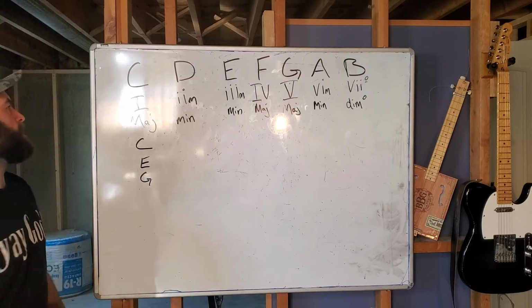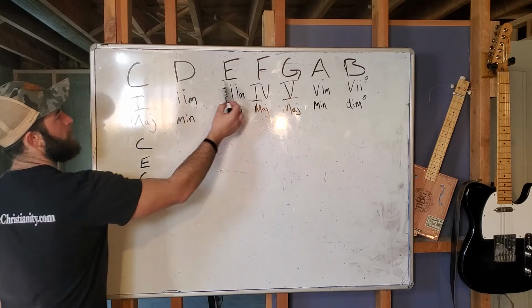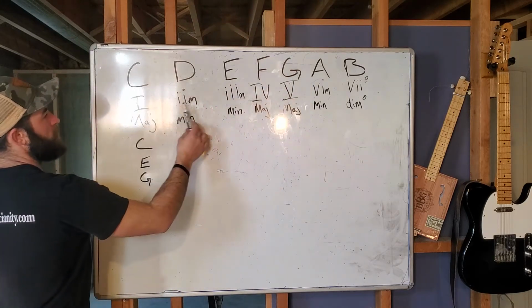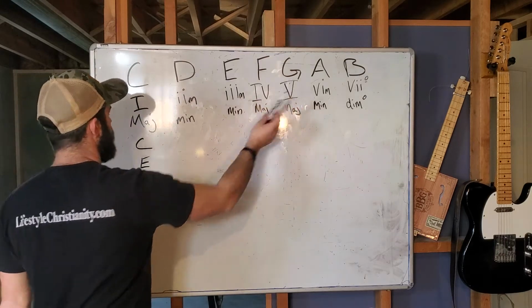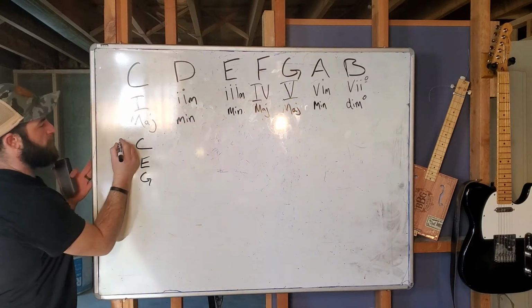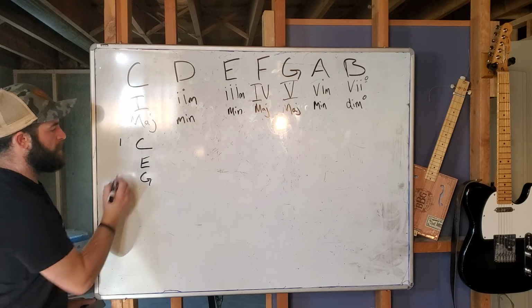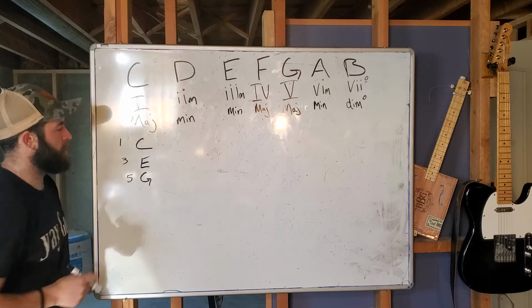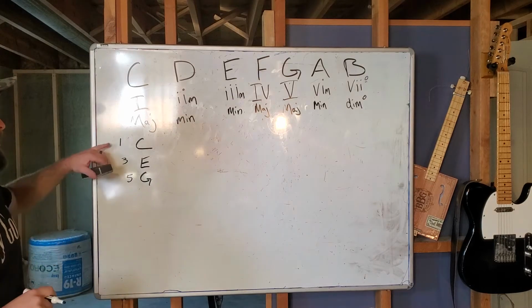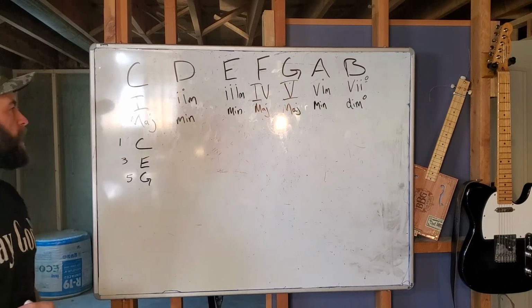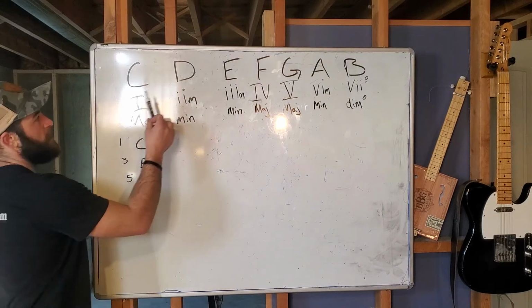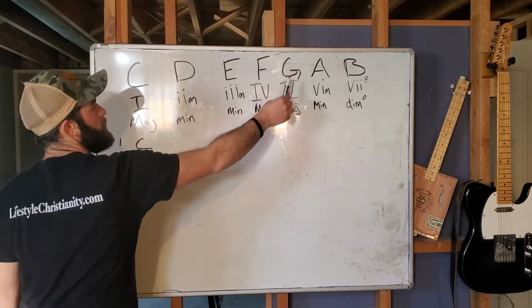So if we go along, we say C, E, and G. So if we label these 1, 2, 3, 4, and 5, we're playing the first note in the key of C, the 3rd note in the key of C, and the 5th note in the key of C. So that's how the pattern's going to go as we go along. It's going to be the same for each. And you can think of it also this way. C, skip a note, E, skip a note, G.